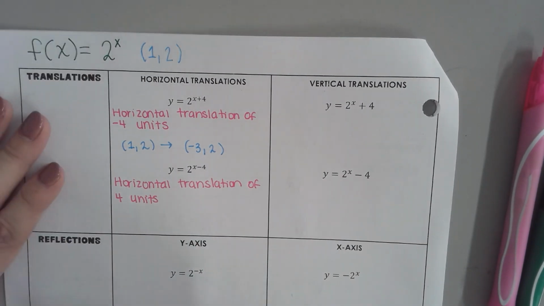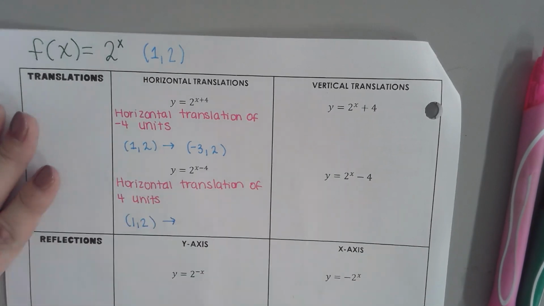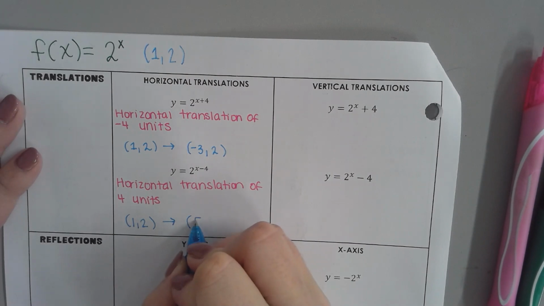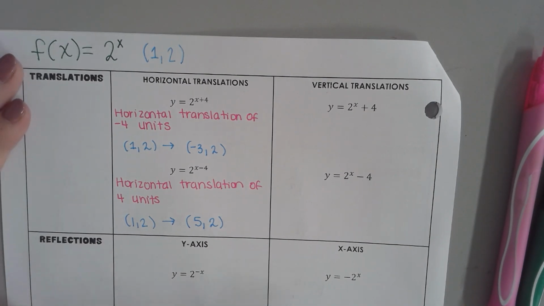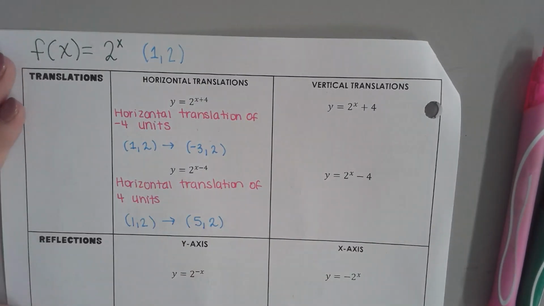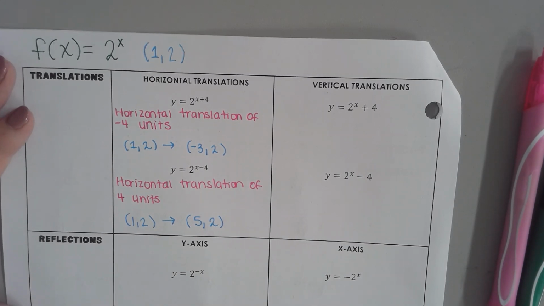So I am going to take 1, 2, and I'm going to add 4 to the x. And it would become 5, 2. So horizontal, left and right, your x values go left and right. X's are always opposite.